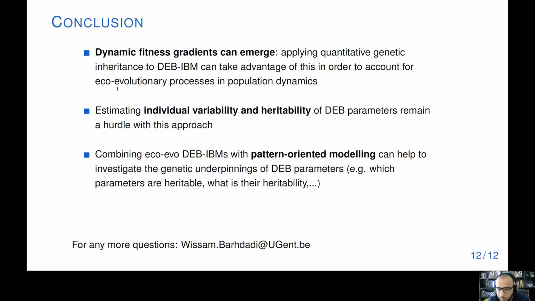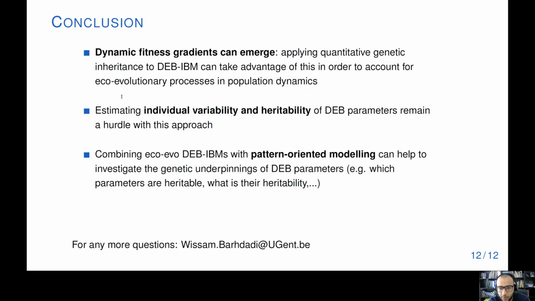To summarize the main points of the idea proposed here, DEB-IBM has the benefit of allowing dynamic fitness gradients to emerge. Using a quantitative genetic approach for inheritance of DEB parameters can then take advantage of this to simulate eco-evolutionary dynamics.